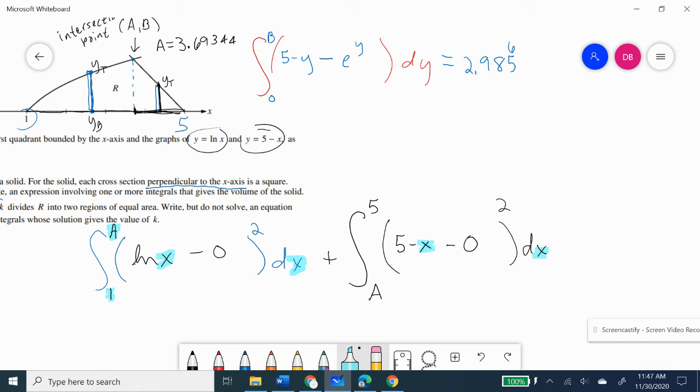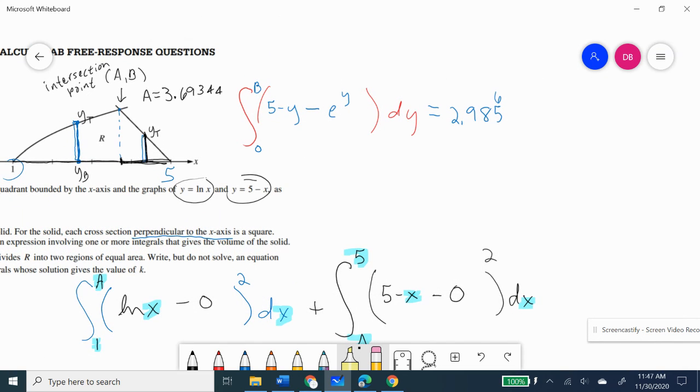Dx, only x variable, x limits. And then I want to point out that in the previous integral, it was a dy. You should have only y variable in the integrand, and these should be y values where it exists. Always double check, especially when dy comes out.